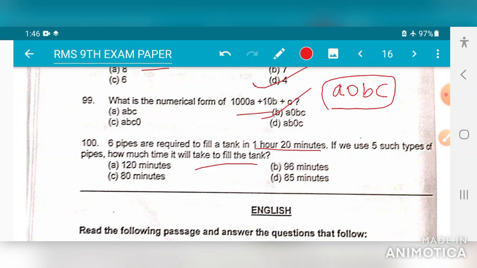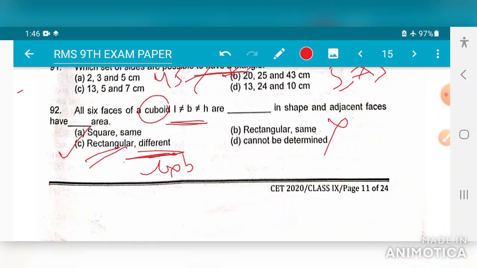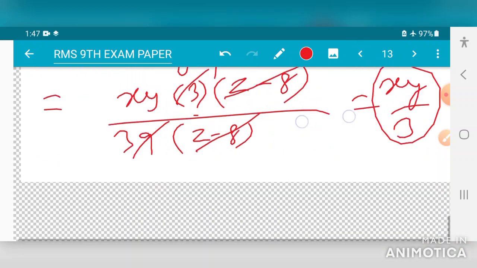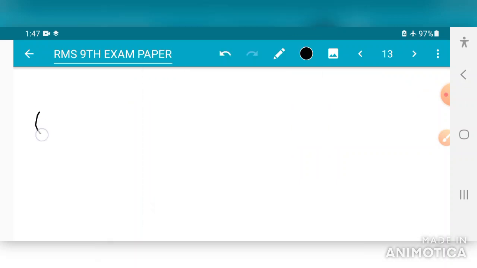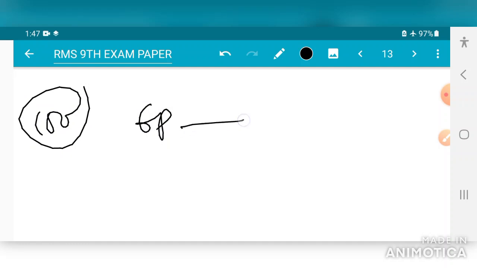See, this is by using the unitary method. What is asked in the last question? Suppose 6 pipes in 1 hour 20 minutes. 1 hour plus 20 minutes means 80 minutes. I'm directly writing this 80 minutes.